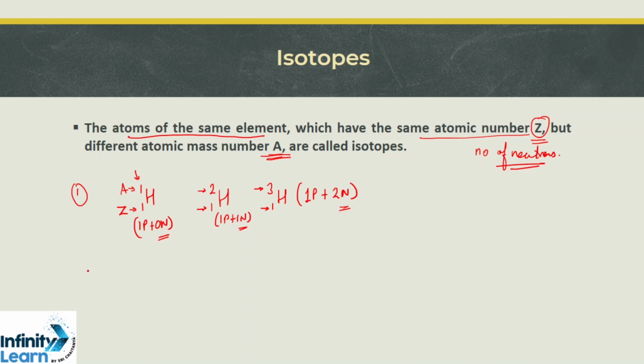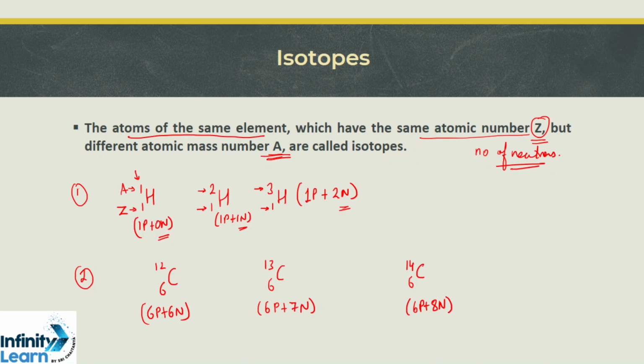Similarly, we can take another example of carbon. Carbon has different isotopes: C12, C13 and C14. C12 has 6 protons and 6 neutrons. C13 has 6 protons and 7 neutrons, and the third isotope has 6 protons plus 8 neutrons.